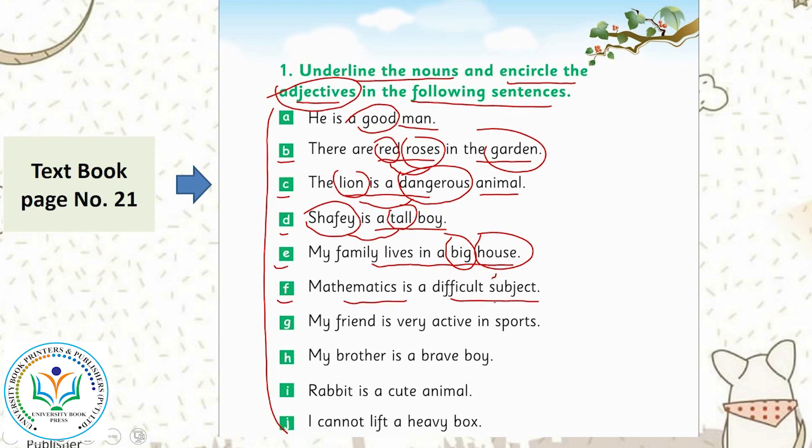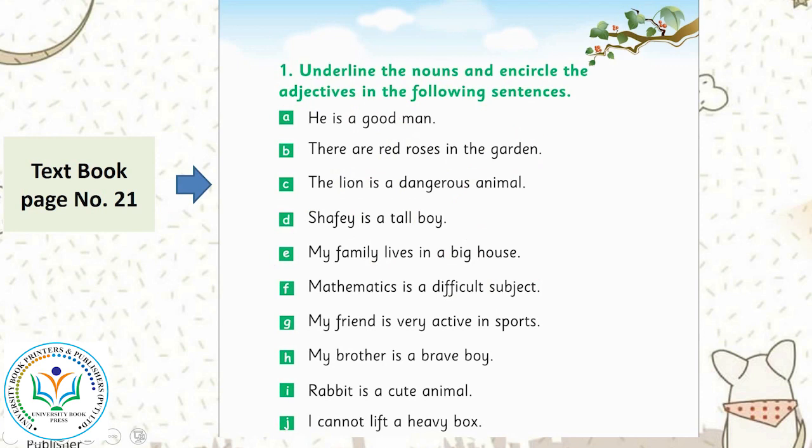Here the subject is a noun. Here mathematics is a noun and difficult is an adjective here, which is describing maths. G, my friend is very active in sports. Here, friend is a noun and active is the quality of the noun here.